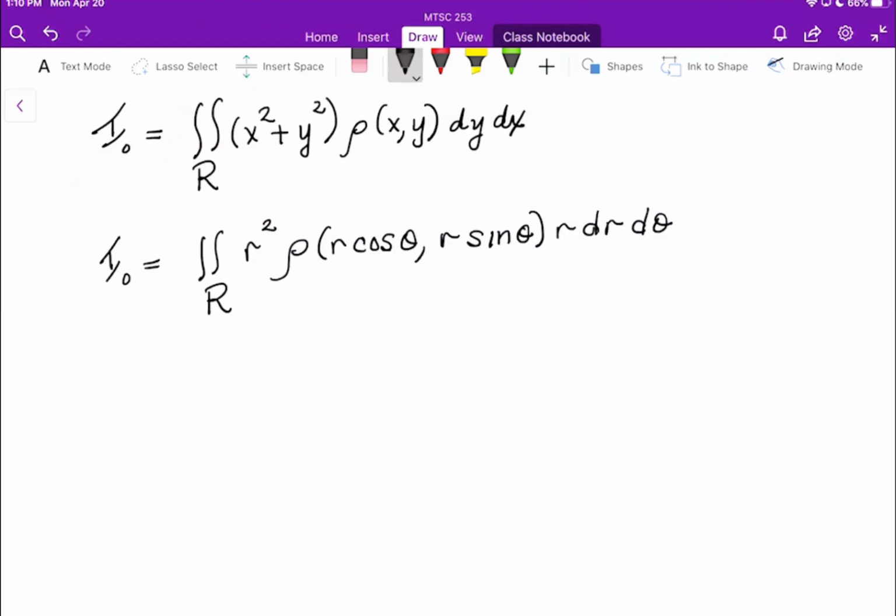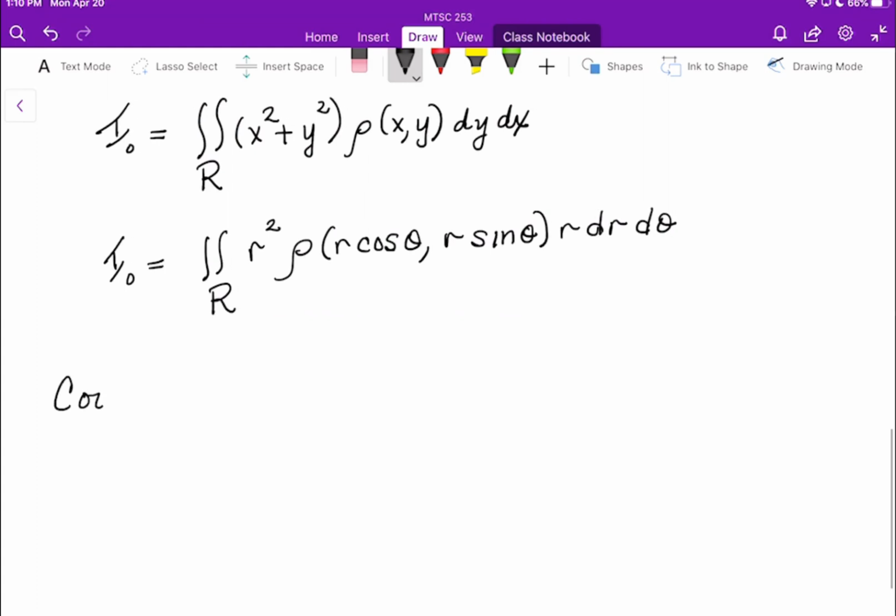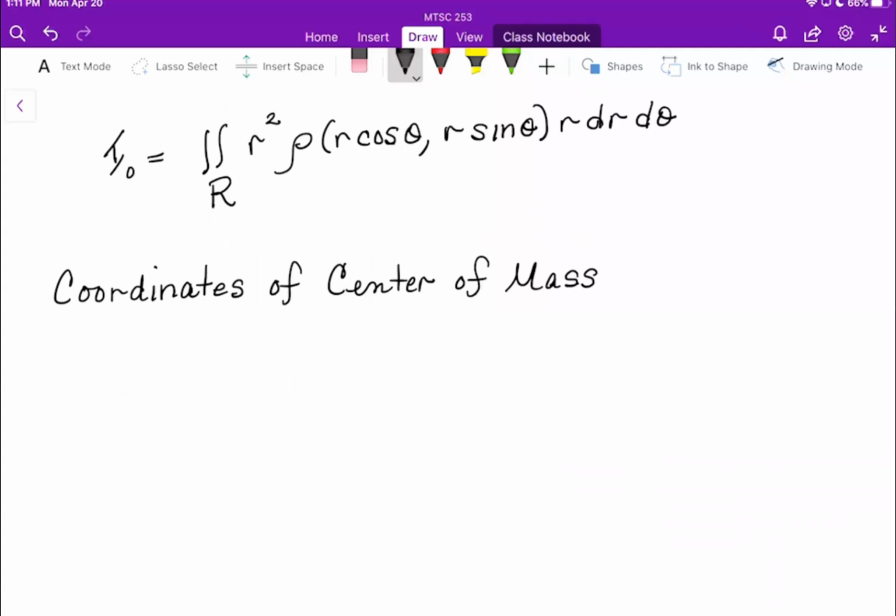And let's talk about the coordinates of center of mass. Okay, well, if you remember from before, in order to find the moment about the y-axis, we have to look at the distance it is from the y-axis, and that was x.